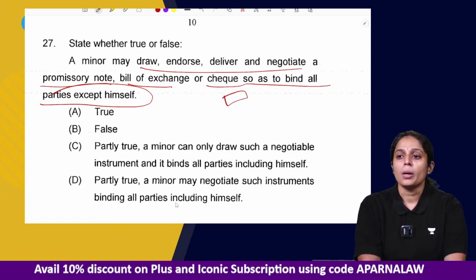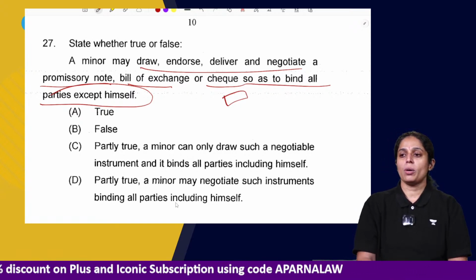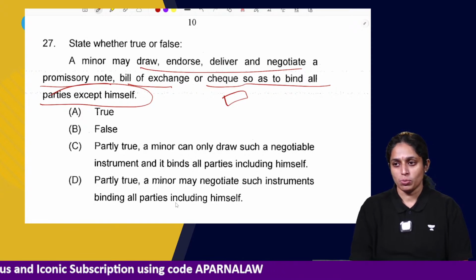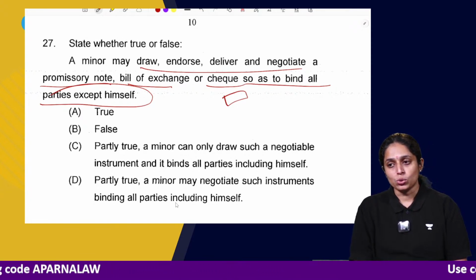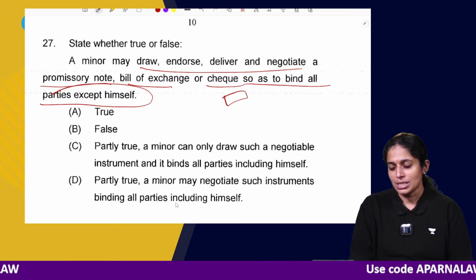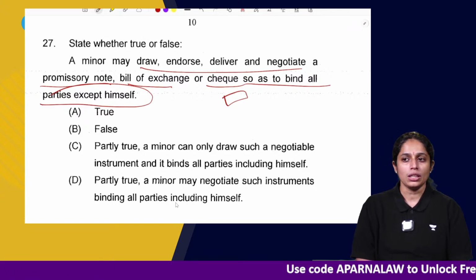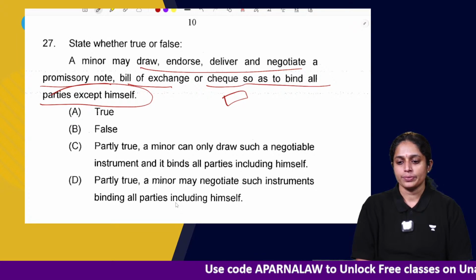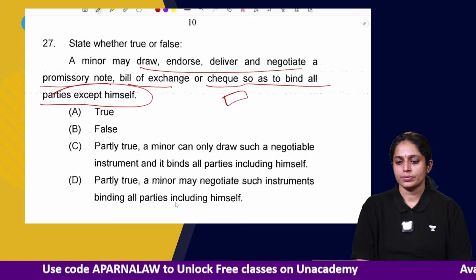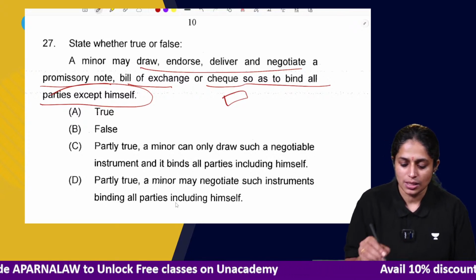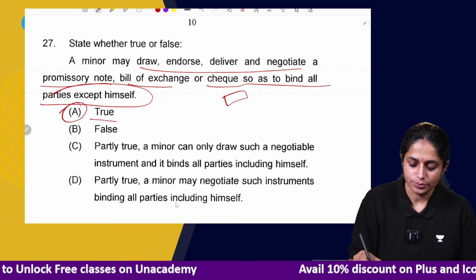A, true; B, false; C, partly true, a minor can only draw such a negotiable instrument and it binds all parties including himself; D, partly true, a minor may negotiate such instruments binding all parties including himself. So what happens? It is a true statement.